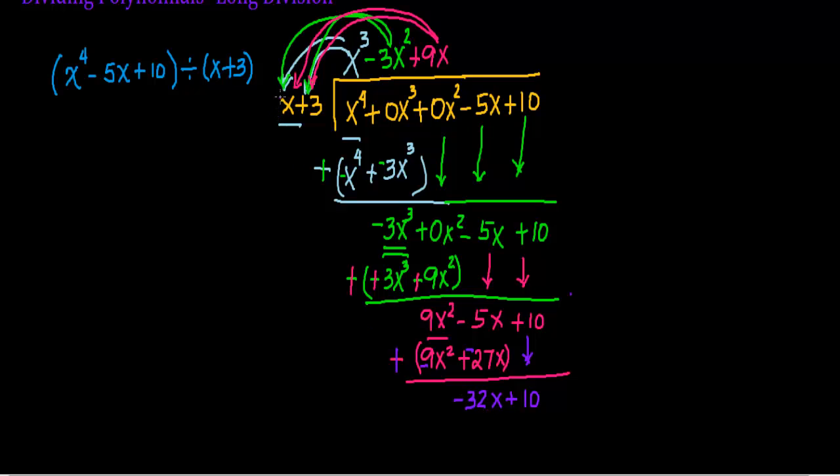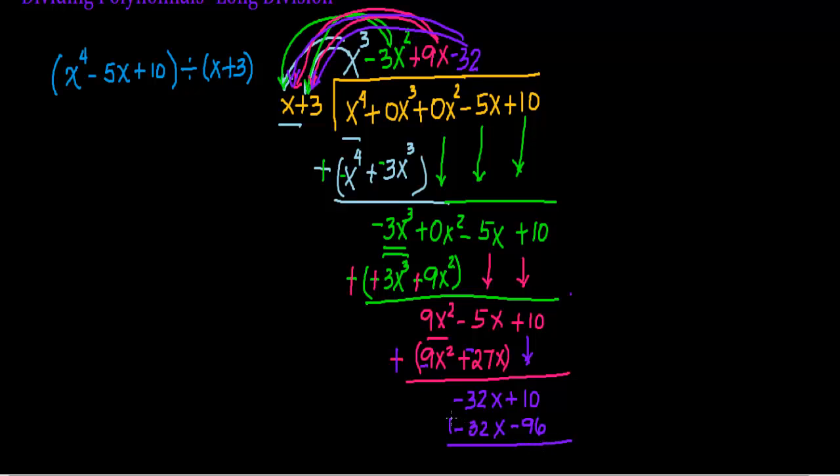So I ask myself, x times what will give me negative 32x? Well, negative 32 will give me negative 32x. So negative 32 times that first term in the divisor gives you negative 32x. And negative 32 times 3 gives you negative 96.